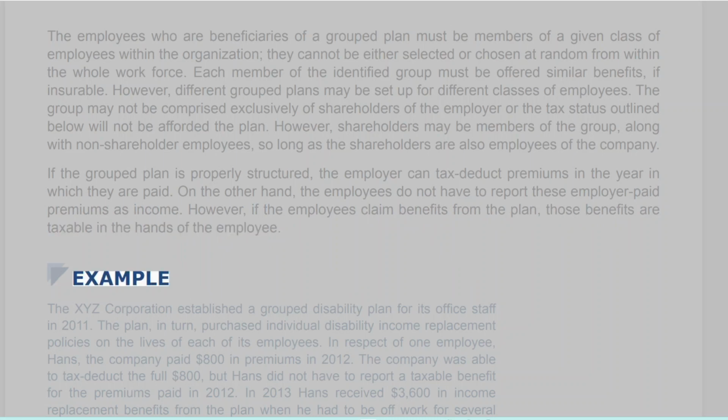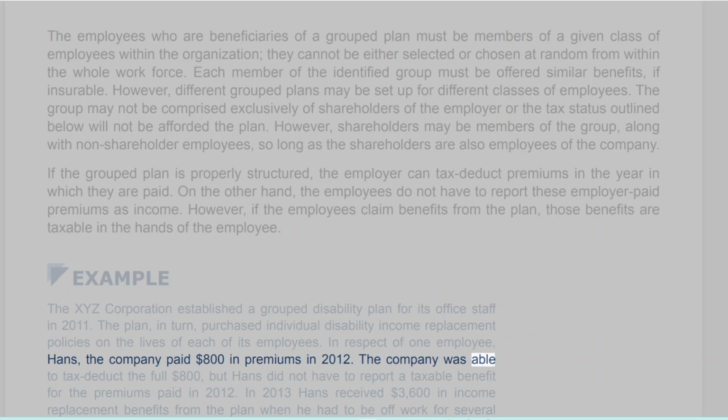Example: the XYZ Corporation established a group disability plan for its office staff in 2011. The plan, in turn, purchased individual disability income replacement policies on the lives of each of its employees. In respect of one employee, Hans, the company paid $800 in premiums in 2012.